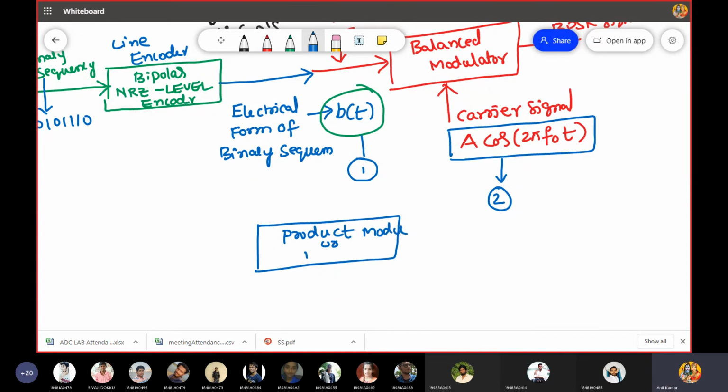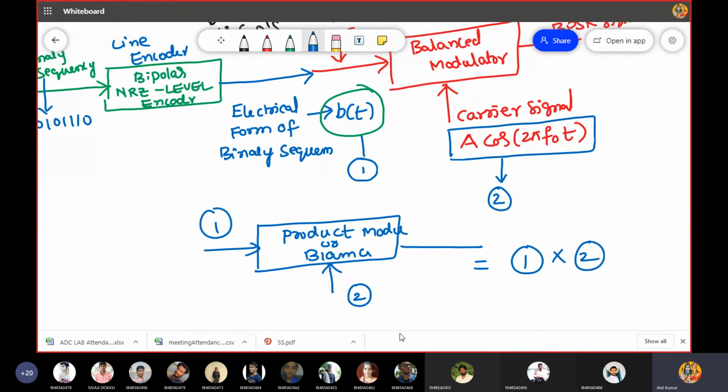This is signal number 1 and this is signal number 2, and the output is the product of signal 1 and signal 2.